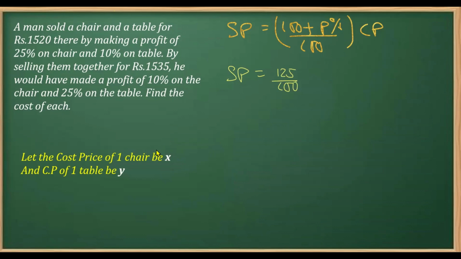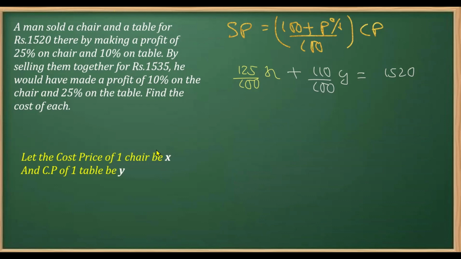Similarly, for the table he's making 10%, so 100 plus 10 is 110 over 100 into CP, and CP is Y. That should give us the total selling price, which is given as 1520. I can reduce it, but it's better if I take LCM here.